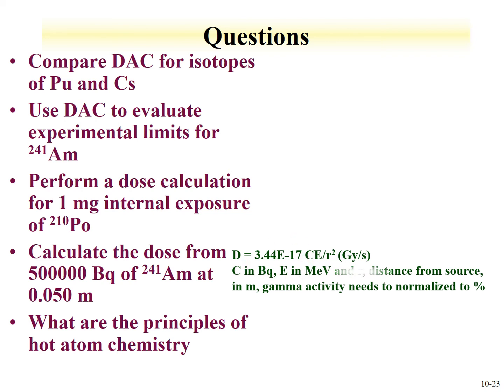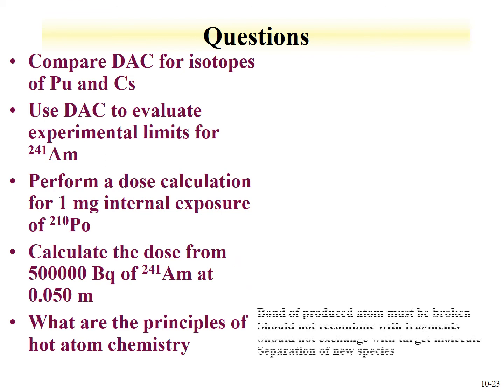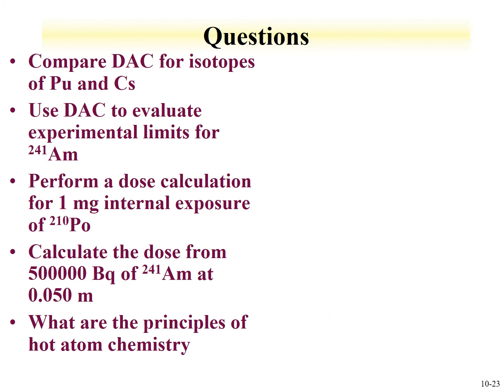And finally, when we discussed hot atom chemistry, what are some of the principles of hot atom chemistry? One uses a nuclear reaction for bond breaking to try to do separations for carrier-free isotopes. Well, one, when the nuclear reaction occurs on the molecule, that atom that absorbed the nuclear component has a reaction product, for instance (n,gamma).